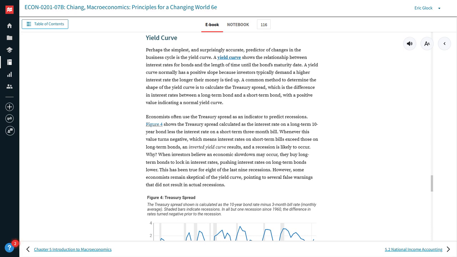So the point of the yield curve is that normally, if investors are feeling good about the economy, then the interest rate goes up if we are moving further out into the future. Now, this is getting off into another topic, so don't stress this too much. But the reason that the interest rate is going to be lower in the short term is it's like supply and demand. There's a lot of demand for debt.